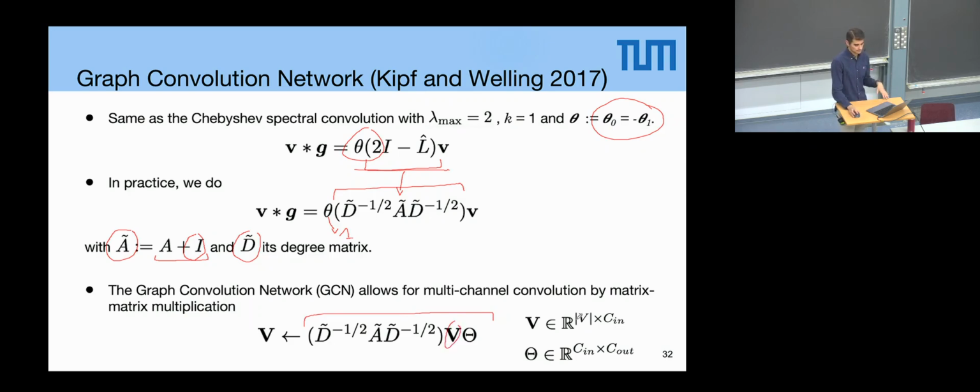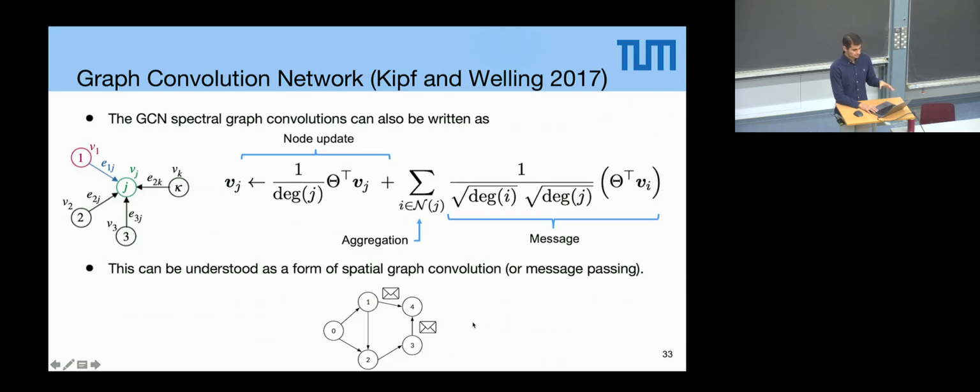So it has V number of rows and Cn number of columns, and our kernel or filter has a number of elements equal to the number of input channels times the number of output channels. So this is quite similar to what we have in the discrete convolutions in CNNs, but we are adding this normalization term.